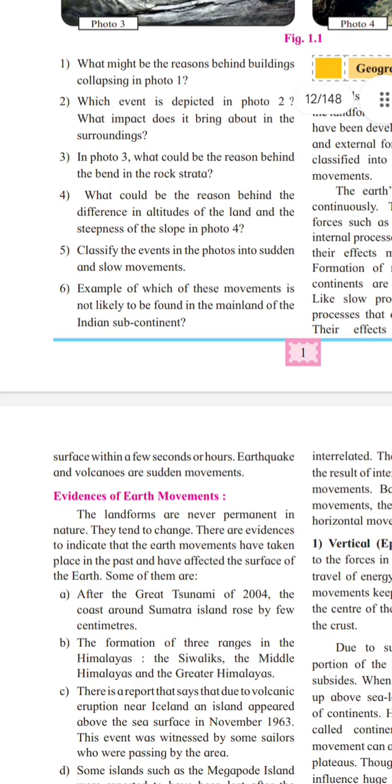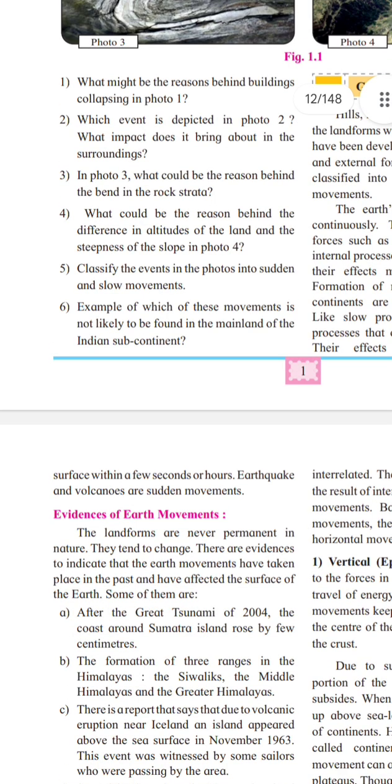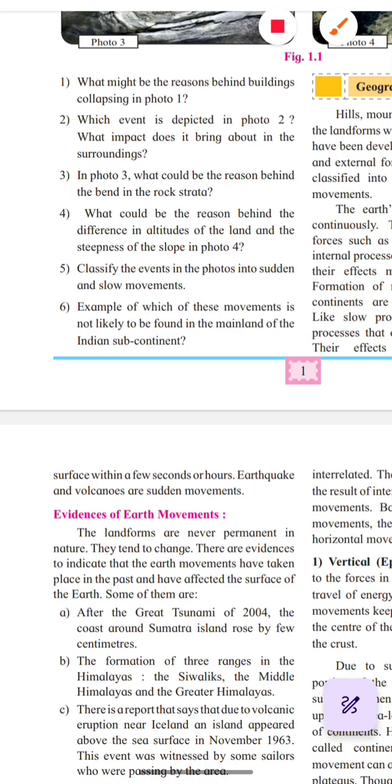Our fourth question is, what could be the reason behind the difference in altitudes of the land and the steepness of the slope in the photo?